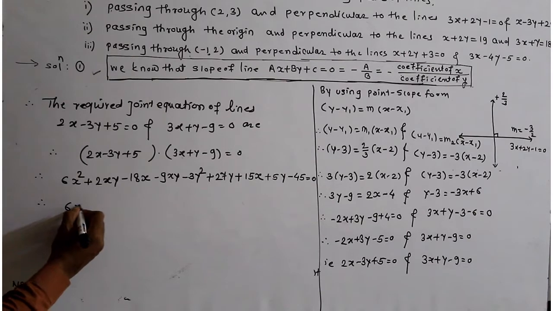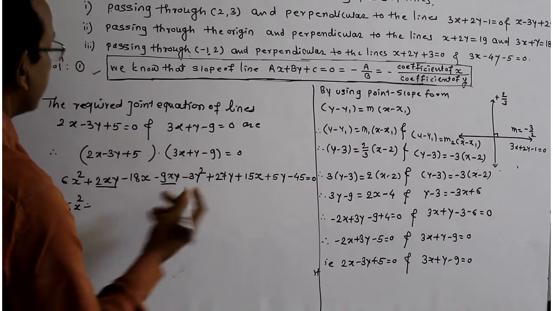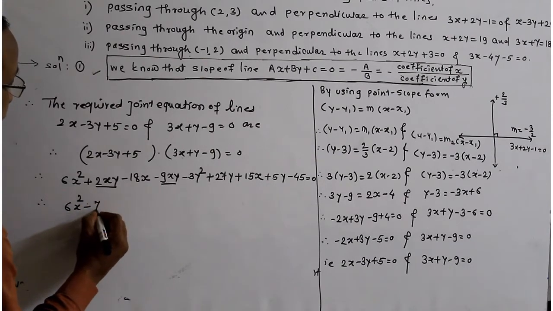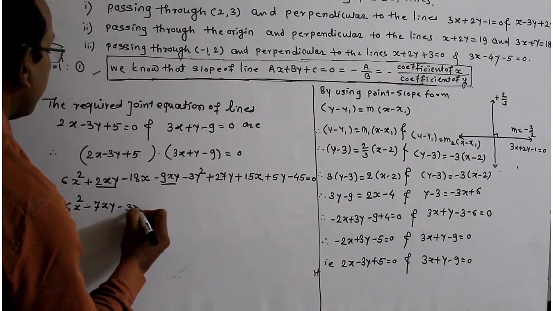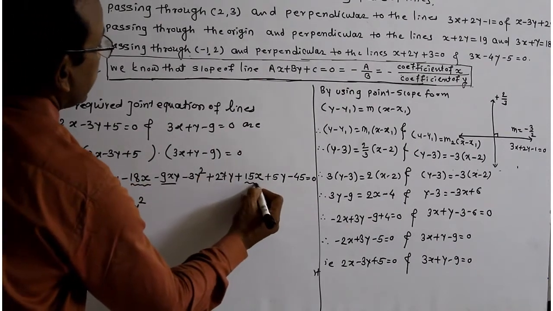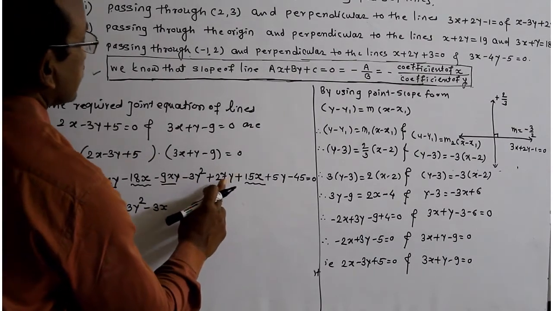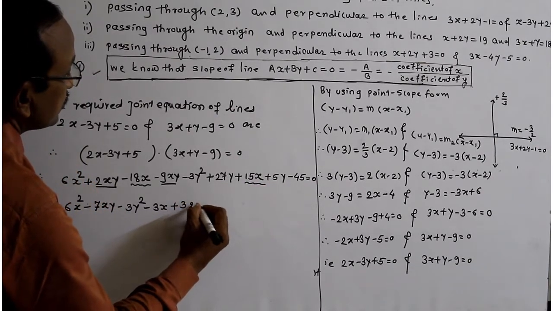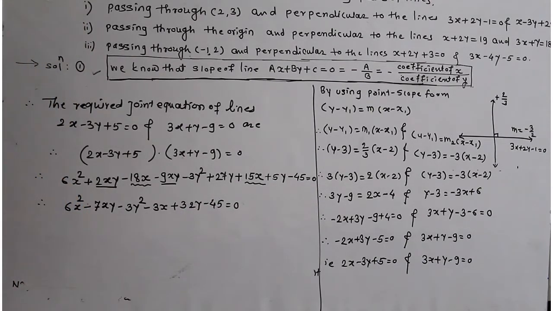So therefore 6x square. Now combine these terms. 2xy minus 9xy is minus 7xy, then minus 3y square, then minus 18x plus 15x, which is minus 3x, then plus 27y plus 5y, it is 32y, minus 45 is equal to 0, which is the required equation of the lines.